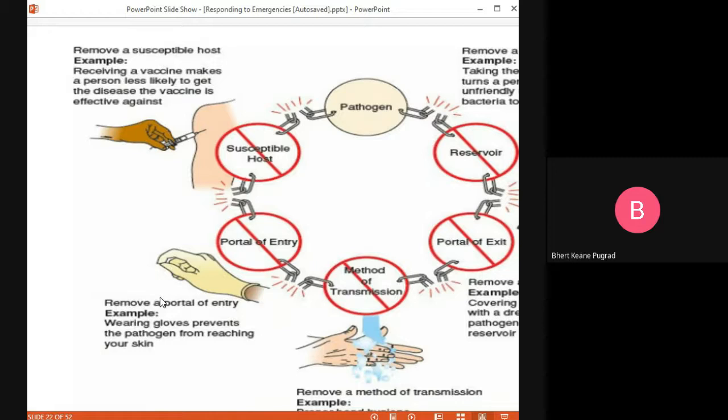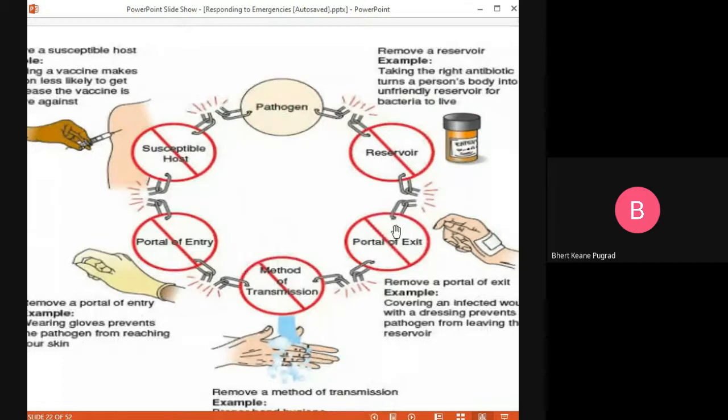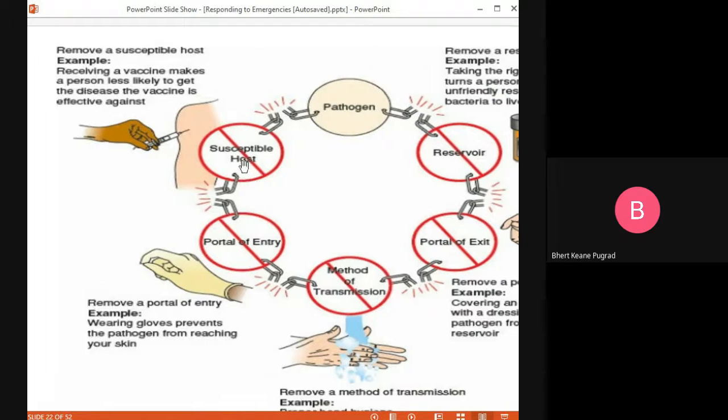Okay? Kasi those are proven to be safe, those are proven to be effective. We really need to protect ourselves, para hindi na kumalat kumbaga yung coronavirus na 'to, dapat sa atin pa lang, we should start breaking the chain already.